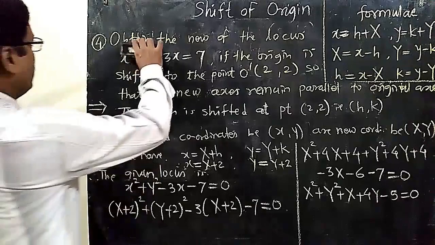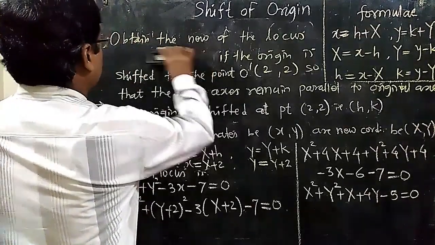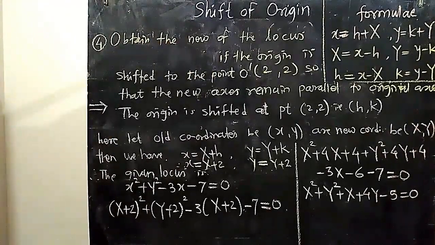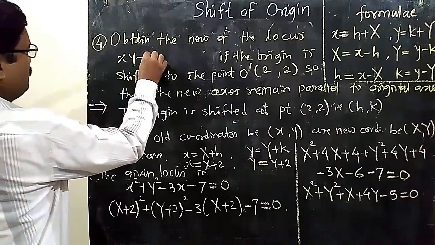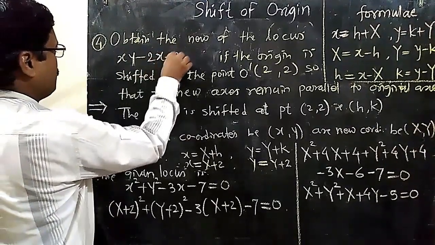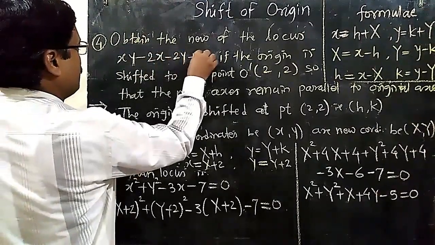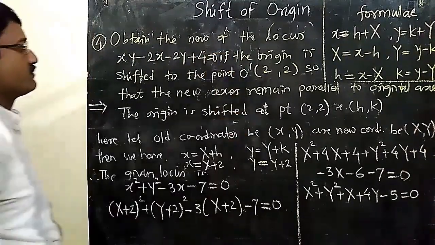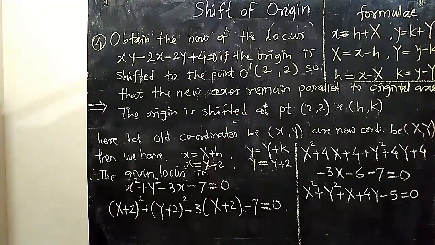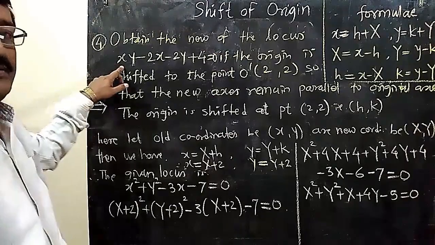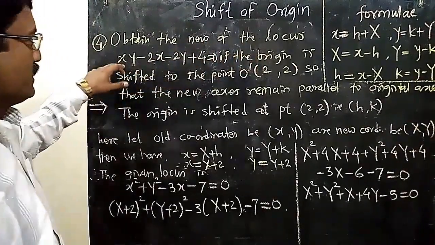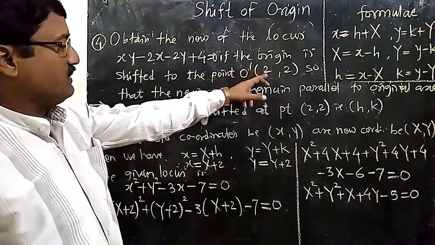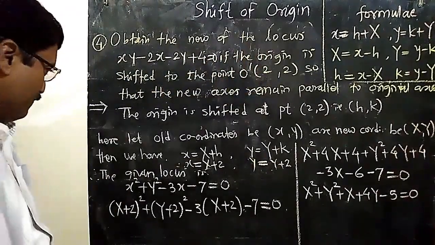Let us see one more of the same type. The equation is xy minus 2x minus 2y plus 4 equal to 0. If this equation is given, then we have to find the new equation of the same locus if the origin is shifted to the same point 2, 2.